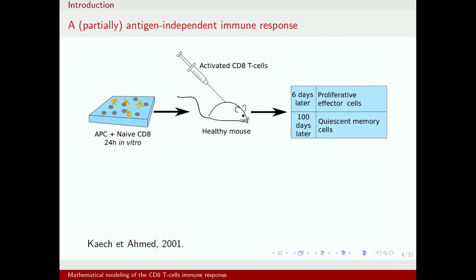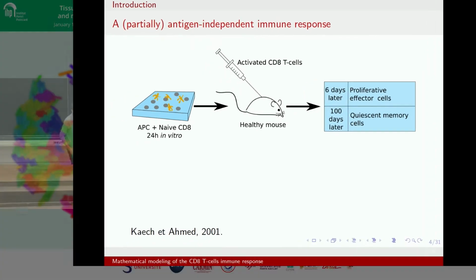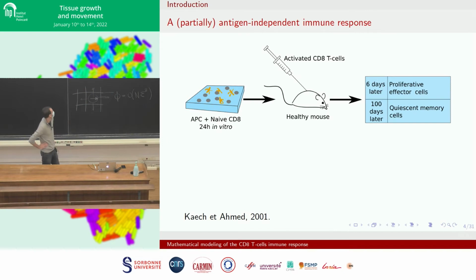And at the end of the day, they removed the activated CD8 T cells, and injected them into a healthy mouse. So now you have cells that have met the antigen once, but that live in an organism without virus or bacteria.